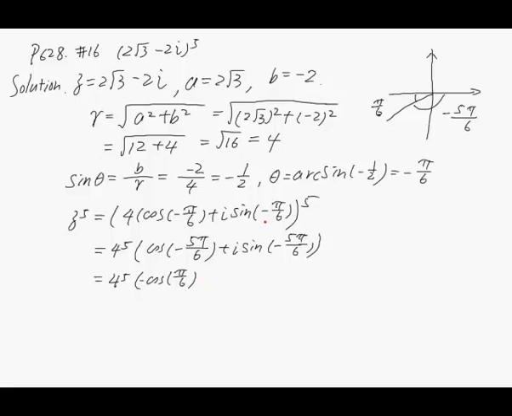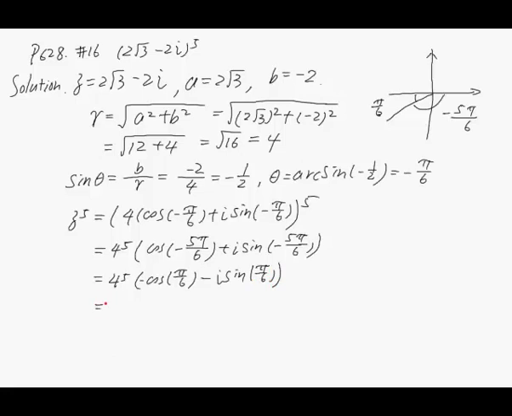Then, similarly, what is the sign of the sine function in the quadrant 3? Positive or negative? Still negative, right? So you also prefix negative sign in front of this sine of the pi over 6. So now let's simplify.